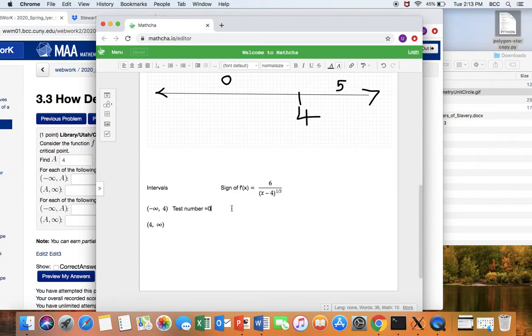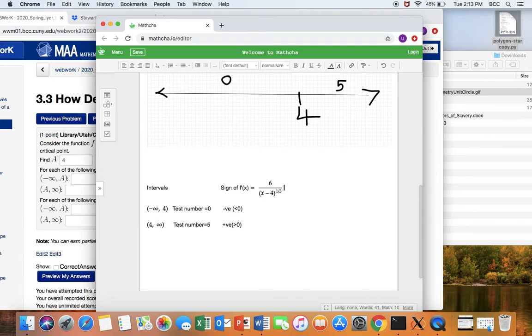You plug in 0 here, you get 0 minus 4 to the power 1/3. Cube root of a negative number is negative. I get a negative value: positive upstairs, negative downstairs. Likewise, take a test number on the right. I'm choosing 5. Plug it in here. 5 minus 4 is positive 1. Cube root of a positive is positive. So I get a positive value.